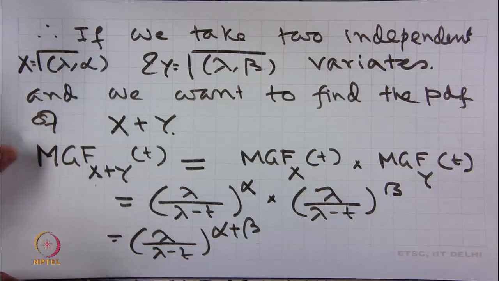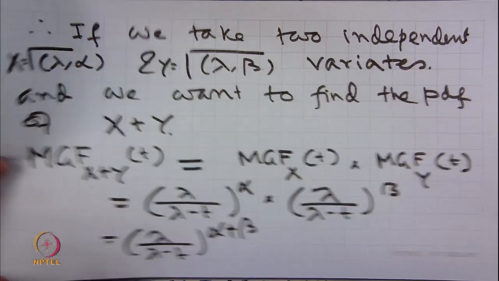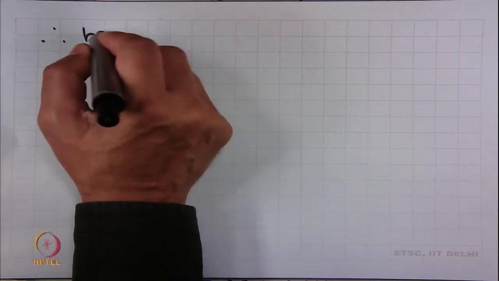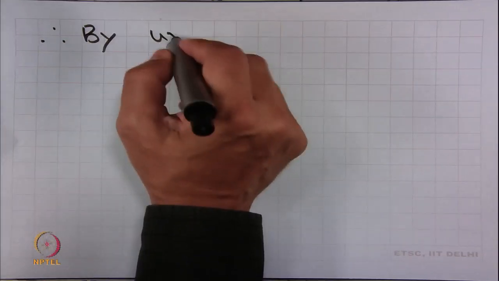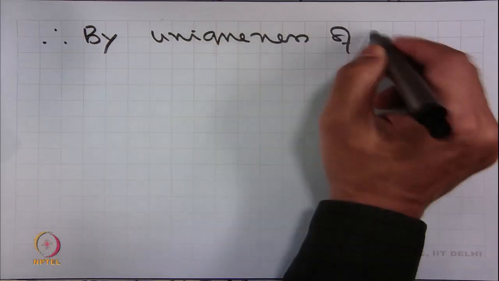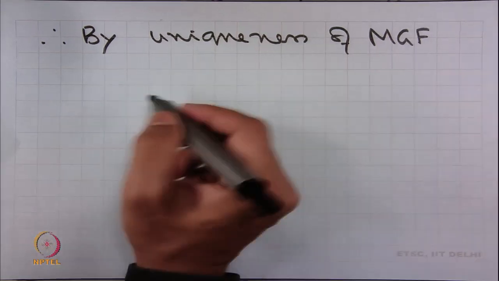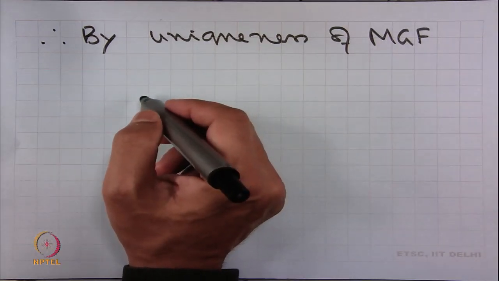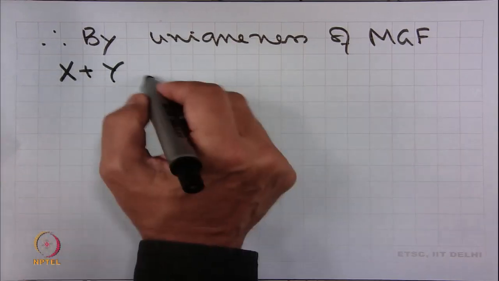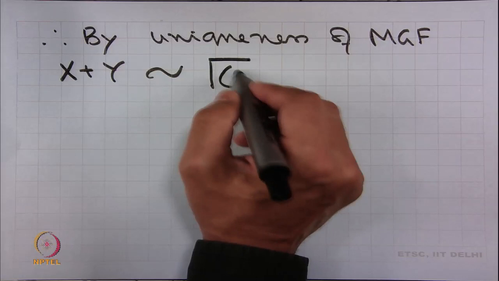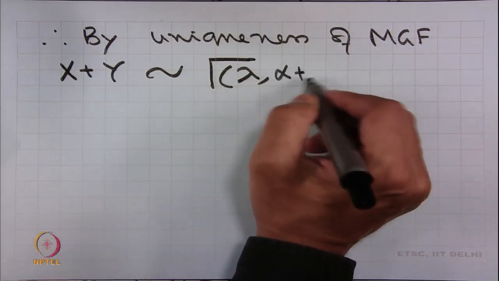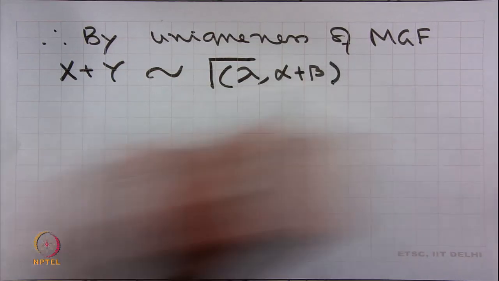And therefore, by uniqueness of moment generating function, we can say that x plus y is distributed as gamma with lambda same, but this parameter becomes alpha plus beta.